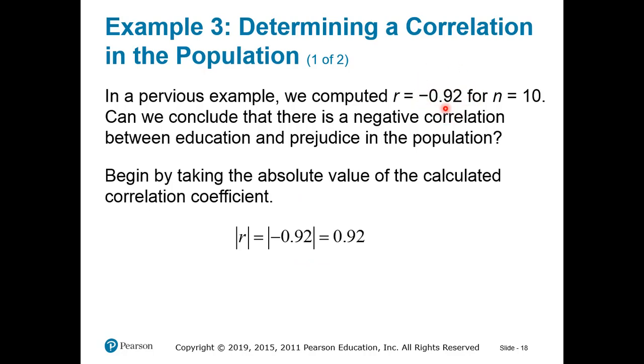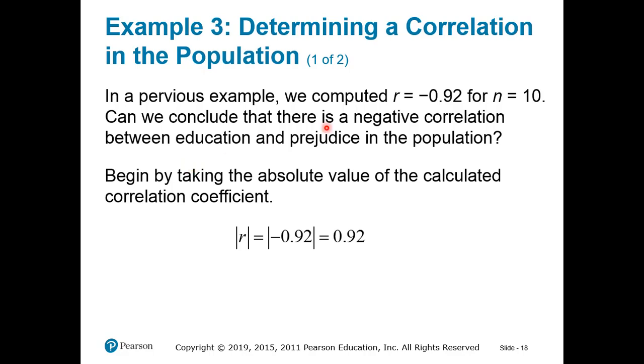It looks like a strong negative correlation between education and prejudice. But can we conclude that there actually is a negative correlation between education and prejudice in the population? In other words, is R significant? Is there truly a correlation or not?